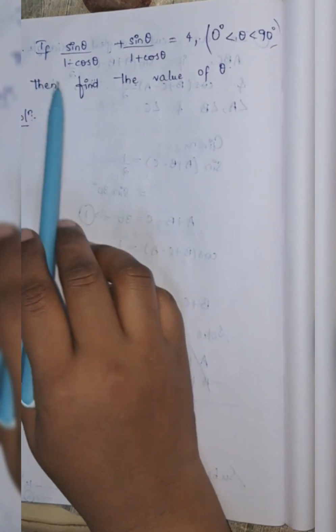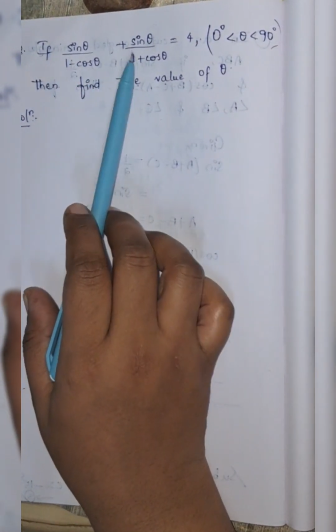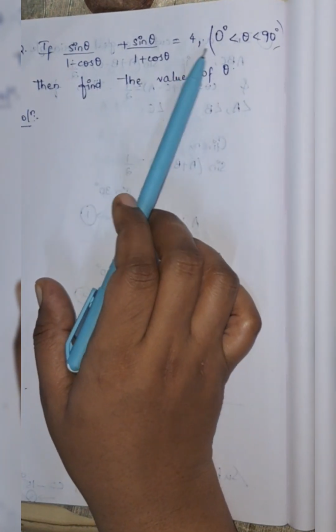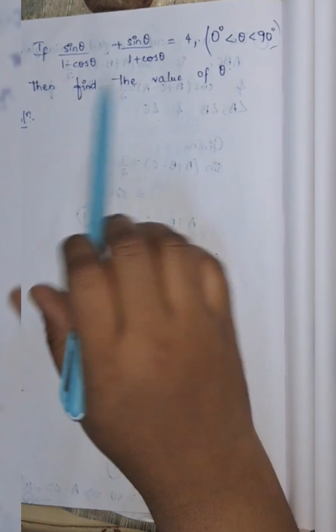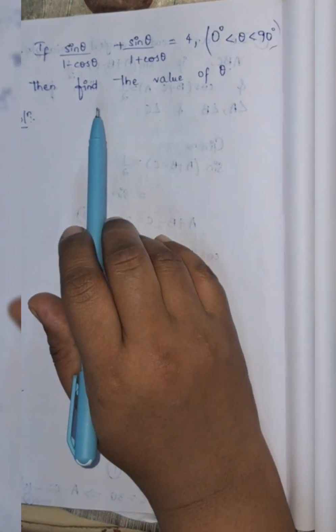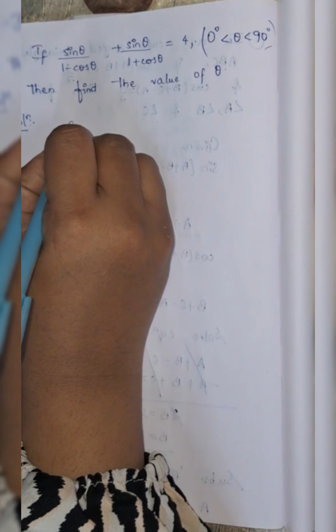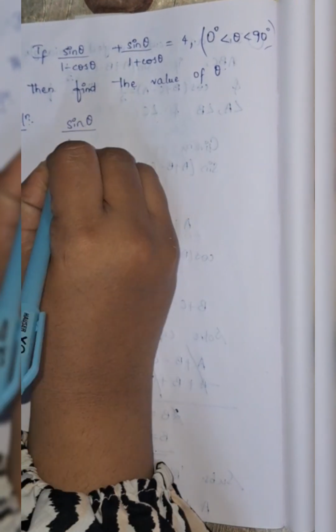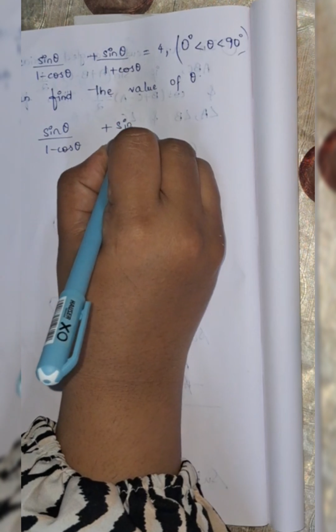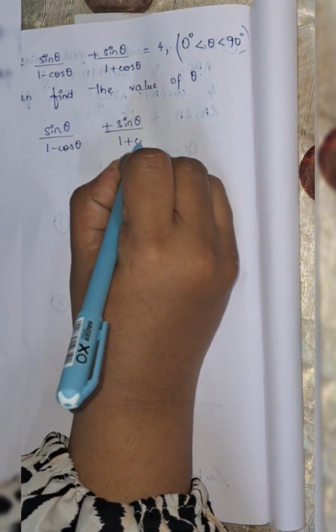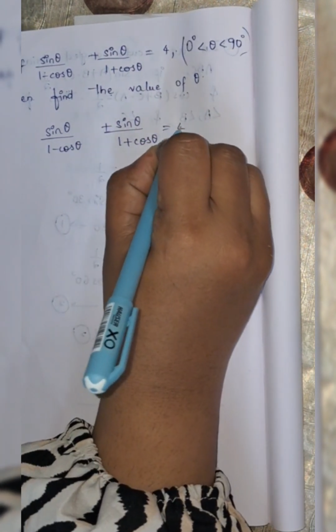Second, our next question is, if sin θ/(1 - cos θ) + sin θ/(1 + cos θ) = 4 and the angle lies between 0 and 90 degrees, then find the value of θ. To solve this type of question, let us write the equation first: sin θ/(1 - cos θ) + sin θ/(1 + cos θ) = 4.